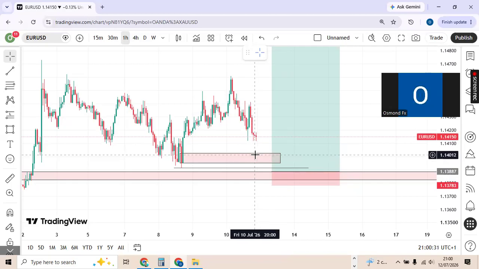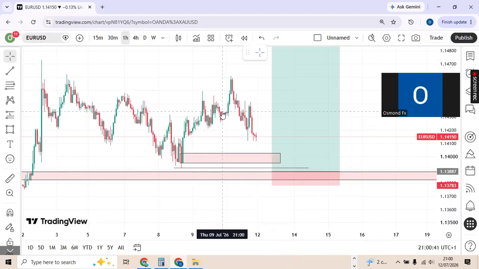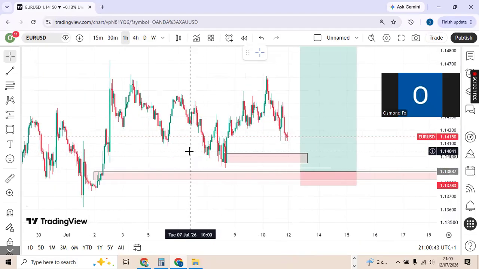If you want to learn deeper about these things, you have to join my mentorship class. This particular weekly analysis I'm doing is just to give you the picture of what is likely to be happening in this coming week.